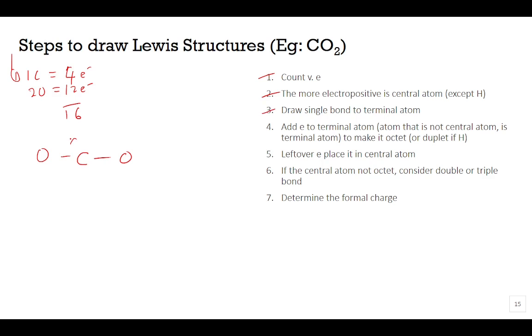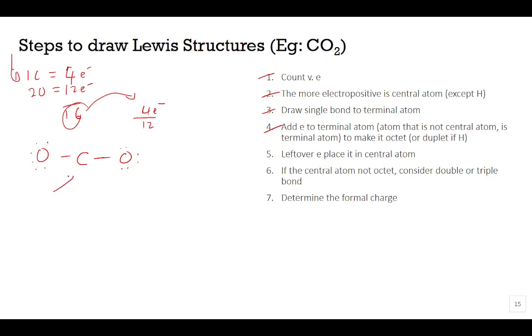Okay, this is the bonding pair. You are using 4 electrons to make the bonding pairs. So 4 is being used. So 16 minus 4 is 12. So you can spread 12 electrons, 1 to 12. So you have used all of your electrons on the terminal atoms.